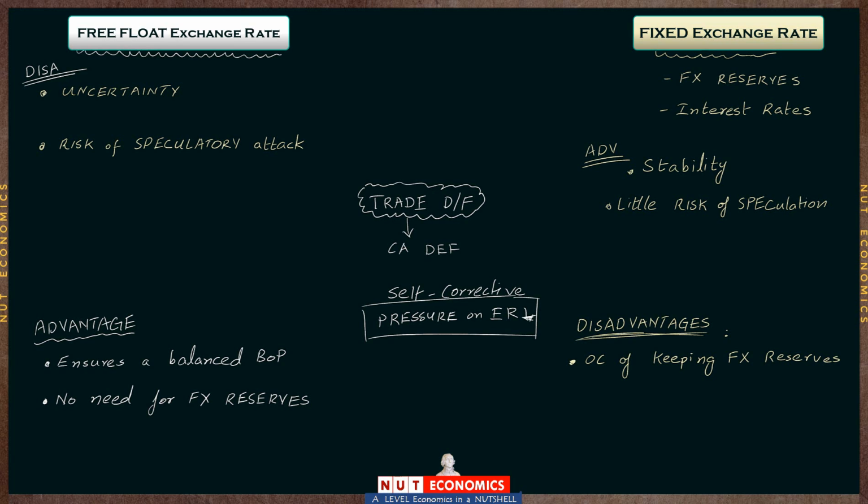Exactly. So there is no need for FX reserves, and instead of keeping billions of dollars just to defend your currency whenever there is a trade deficit, you can use those billions of dollars. Give an example here of things like schools and education and health and infrastructure and technology and so forth. Anything else that comes to your mind?